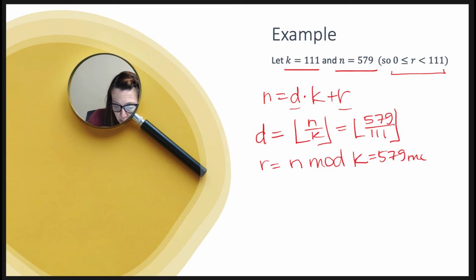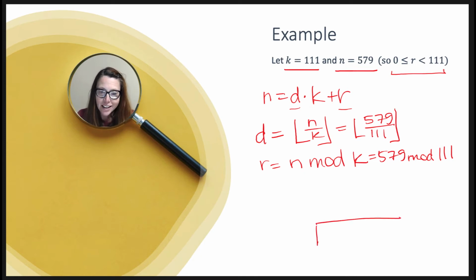The way that we find that, remember, we call this the dividend, quotient, divisor, and remainder, and it's that for a reason. So n is our dividend, and so that's that 579.